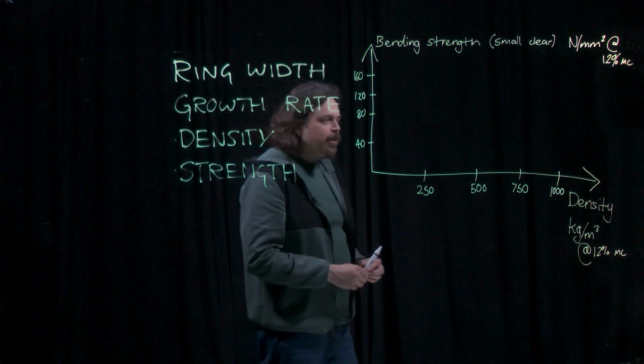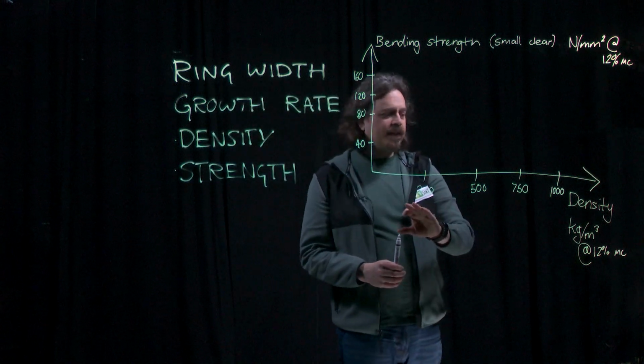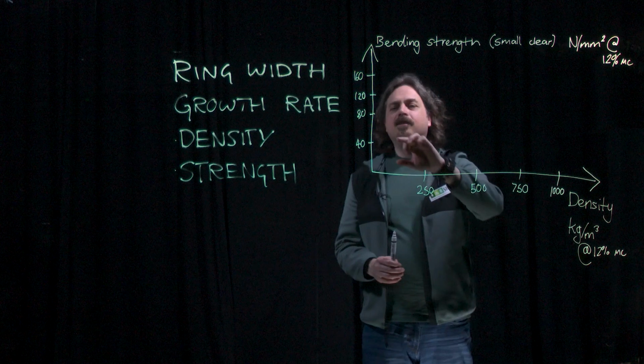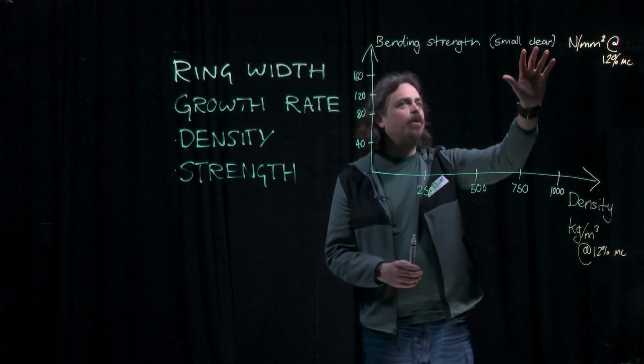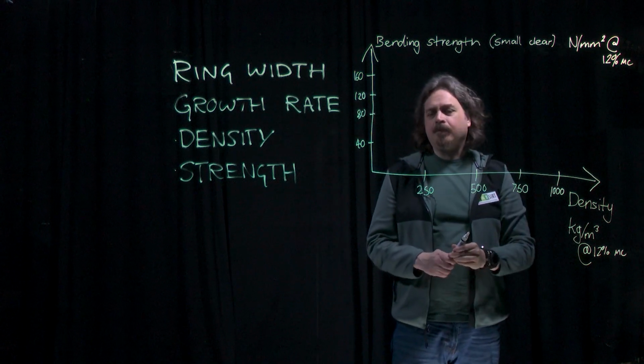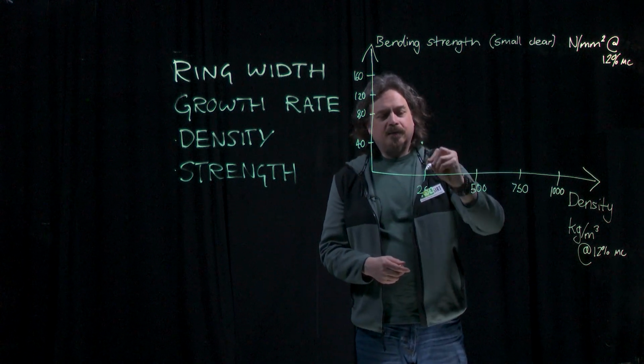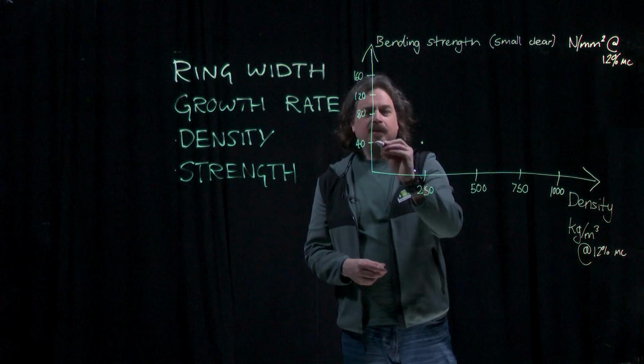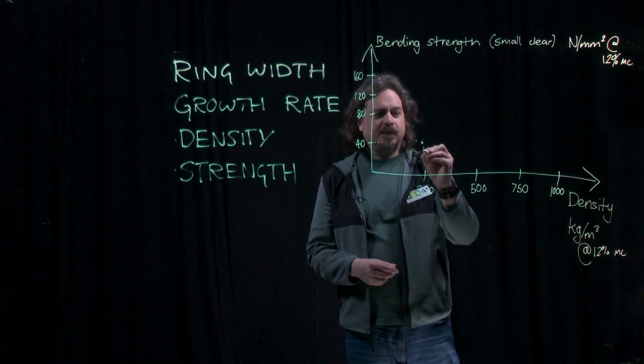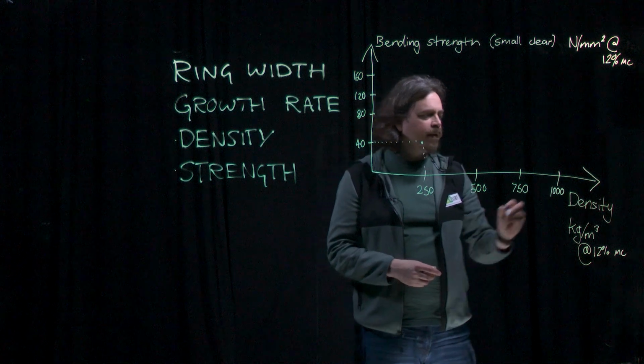So a common graph that you might see is a plot of density versus the bending strength from small clear specimens. And you'll have points down here for low density species with quite low strength, things like balsa and Paulownia.